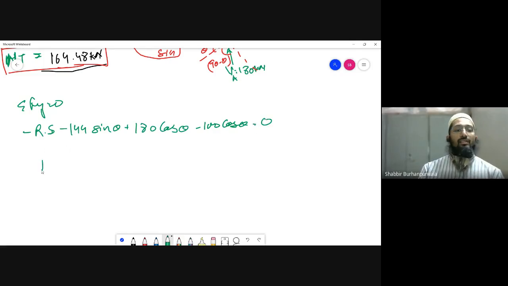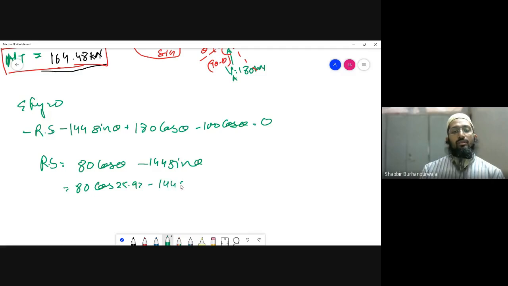Now rearranging the terms, we have radial shear equals 180 cos theta, plus 100 cos of theta, minus 144 sin theta. Putting the values, 80 cos of 25.92 minus 144 sine of 25.92.